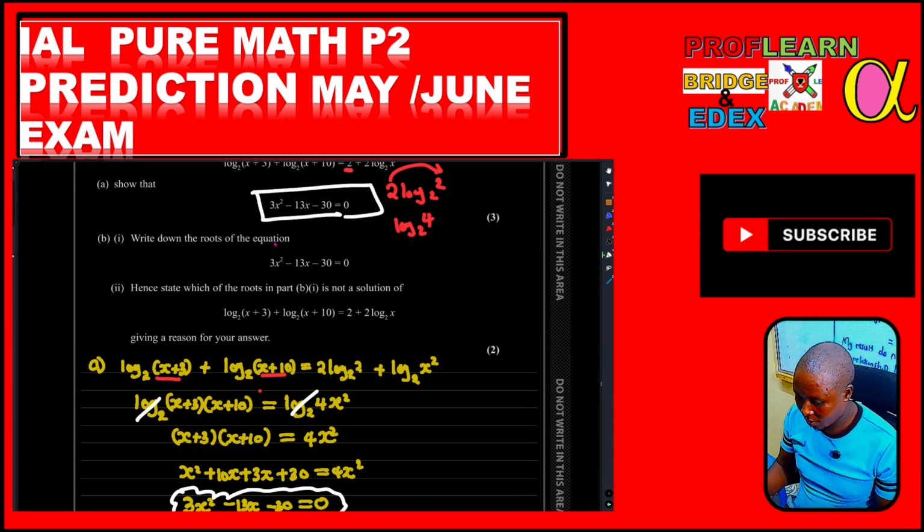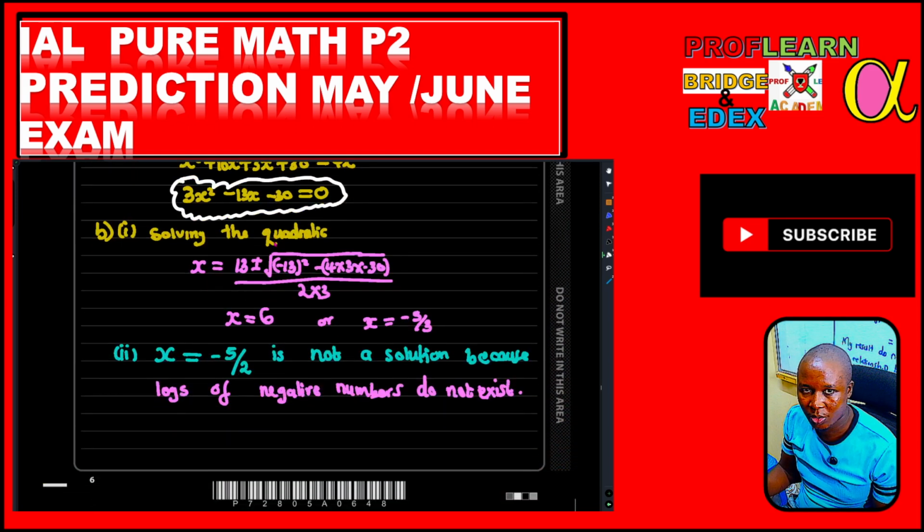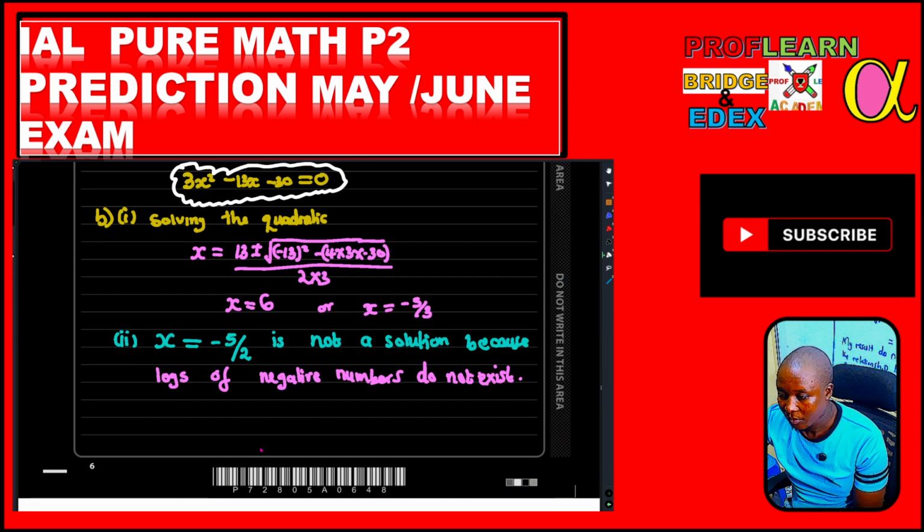Now, in order to find the roots, we are going to solve that quadratic. You can use any method which is easy for you. You can use the quadratic formula. You can use factorization, but for some equations factorization cannot work. Then solving this, we are going to get two answers, x is equal to 6 and x is equal to -5/3.